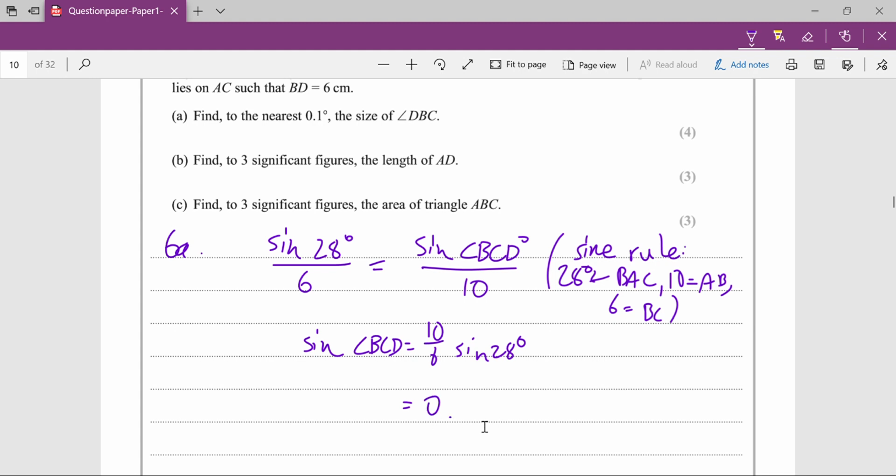It's always safe to use a large number of decimal places for functions like these, because you want to make sure that the angles you're getting out of them are accurate in order to get your accurate calculation. So 0.782456, that's how much I'm going to write it to. So sine BCD is this.